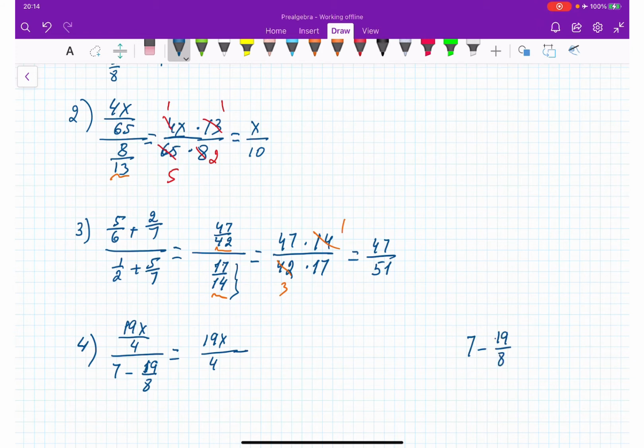I will put the reference also for the video on how to subtract a fraction from a whole number. So I'm representing it as 6 and 8 over 8 minus 19 over 8. Okay, 19 over 8, that's an improper fraction. If I convert to a mixed fraction, it's going to be 2 and 3 over 8.